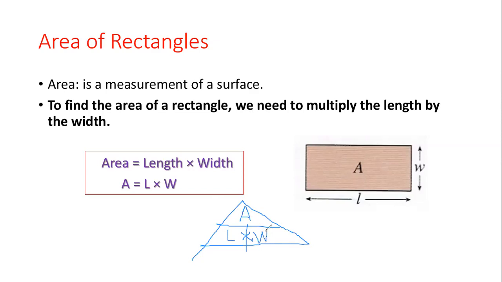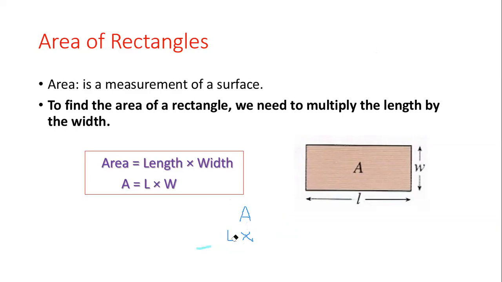If you need one of them, you have to put your hand on it. If you need W, put your hand on W, so it will be A divided by length. If you need to find length, put your hand on it, so it will be A divided by W. If you need A, it will be length multiplied by W, and so on, okay?